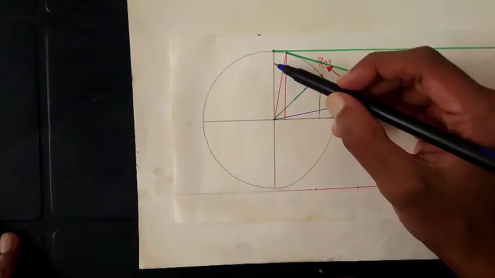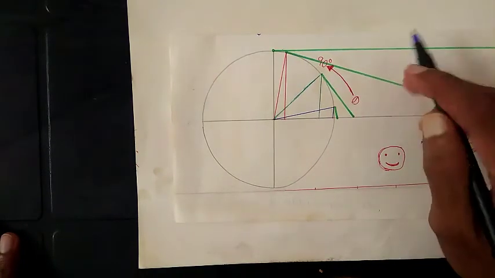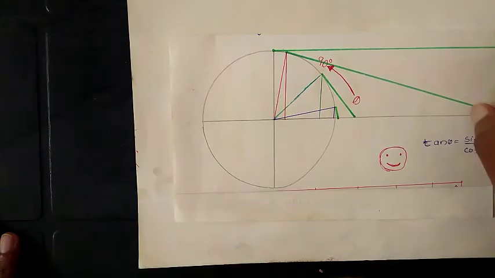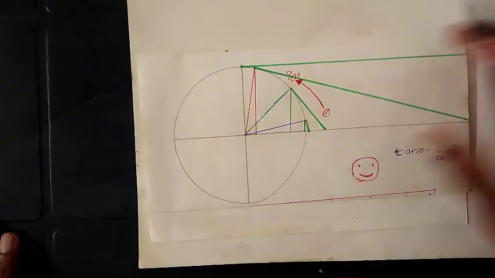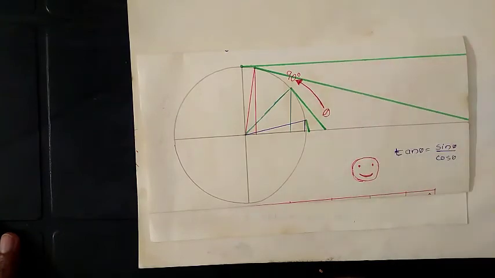The tangent will be perpendicular to the radius, so it will be parallel to the x-axis. So we can no longer find the length of tan theta. That's why we say that tan 90 degrees is indefinitely long, or we say tan 90 degrees is infinity.